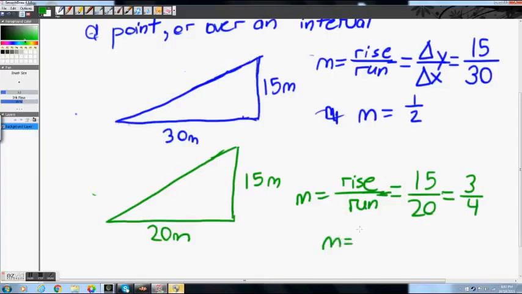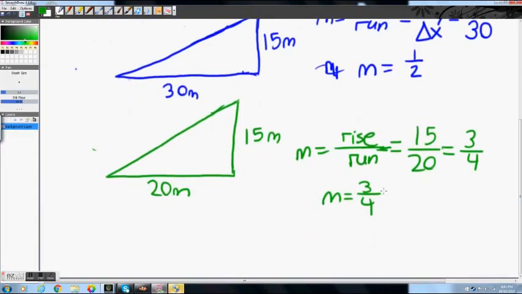That is larger than our slope in the previous example, because our elevation changes faster. We reach 15 meters faster than we would on the other one, because the grade of the hill is greater.